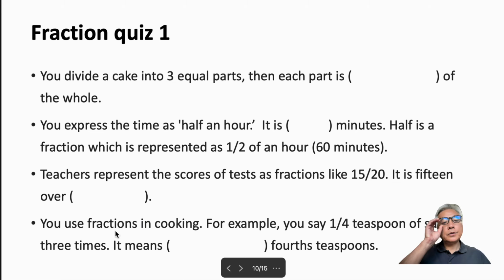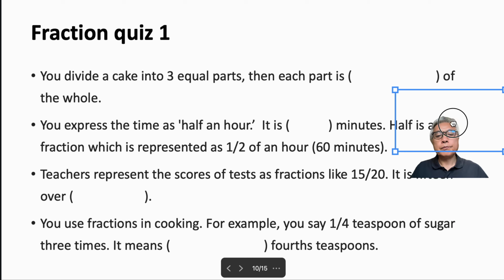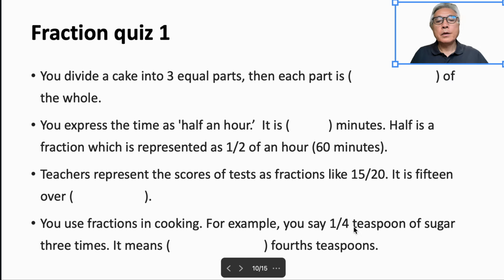You use fractions in cooking. 料理でフラクションを使います。For example, you say a quarter teaspoon of sugar. A quarter teaspoon of sugar 3 times. It means 何? Oh, sorry. Quarters. A fourth would be okay, but anyway, quarters, right?